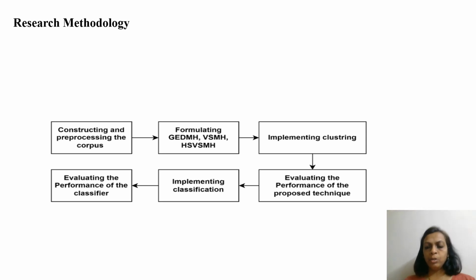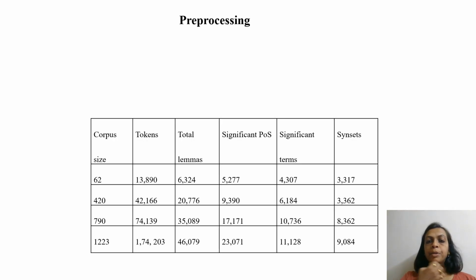After the research methodology, you can see the pre-processing results. The corpus size we have varied from 62 to 1223, so from more than 60 to more than 1000 documents are processed set-wise. So here it shows scalability also.